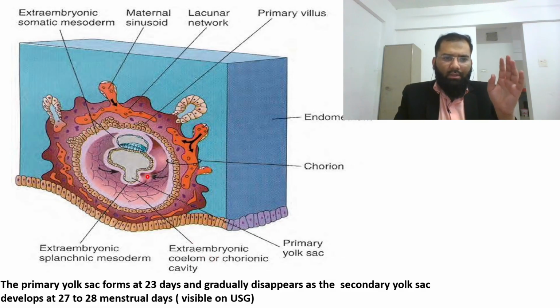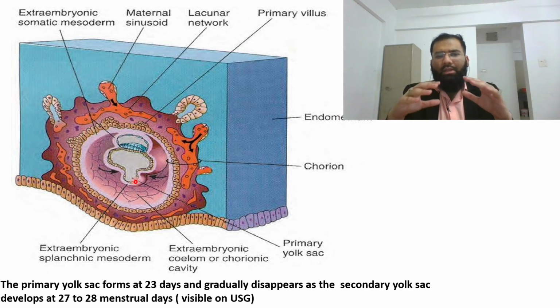Now look at this. This is your implanted blastocyst, this is the embryonic plate, and here this is the amniotic sac, and this sac that we are able to see is the yolk sac.